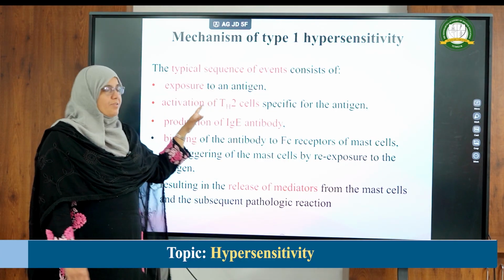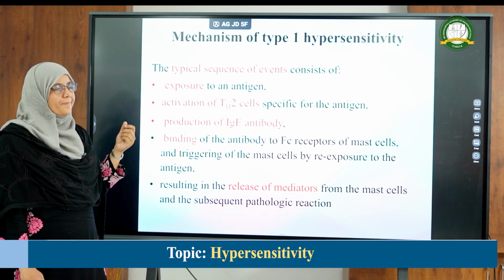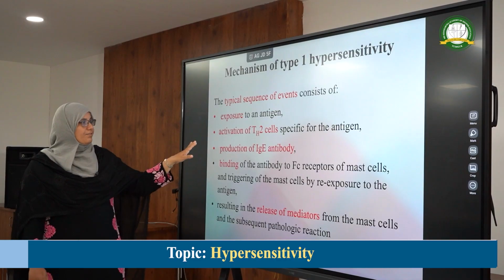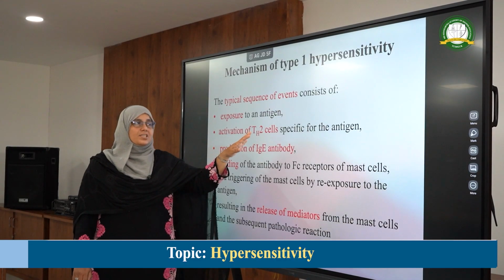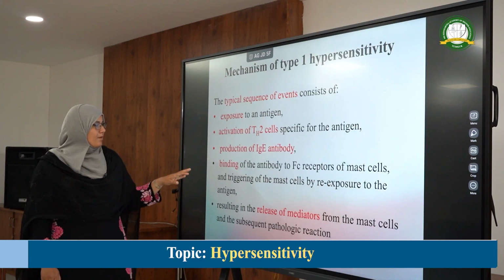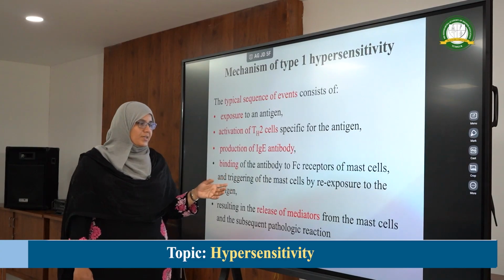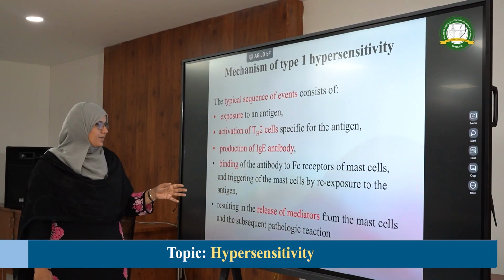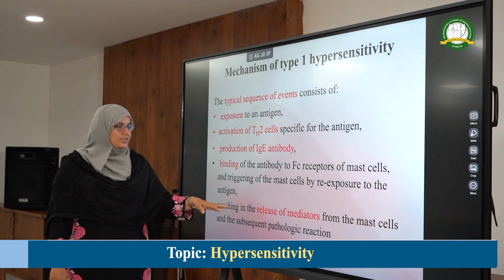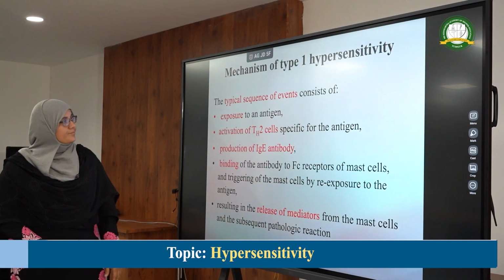The typical sequence of events consists of exposure to an antigen, an allergen for example, which leads to activation of type 2 helper cells that are specific for that antigen, production of IgE antibody, and binding of the antibody to Fc receptors present on the mast cells. This triggers the mast cells on re-exposure to the antigen, resulting in the release of mediators from the mast cells, and the subsequent pathologic reaction can be observed.